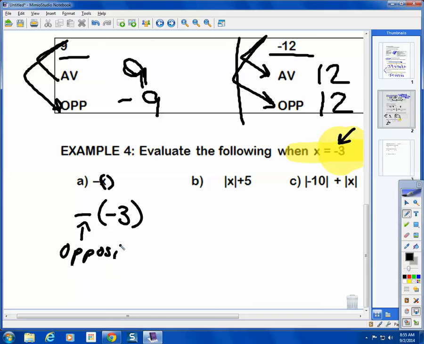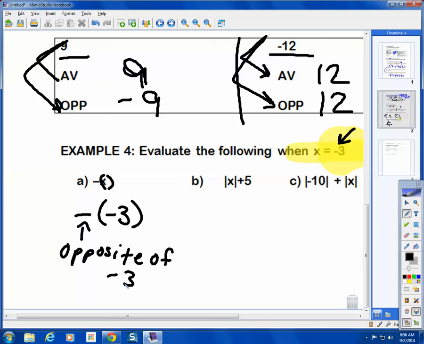Opposite of -3. Can I read that as opposite of this value, -3? Would you guys agree with that? Well, what is the opposite of a negative? Positive. So when I put it in context like that, opposite of a -3, do you understand why 2 negatives make a positive now? Because the opposite of a negative is a positive, right?